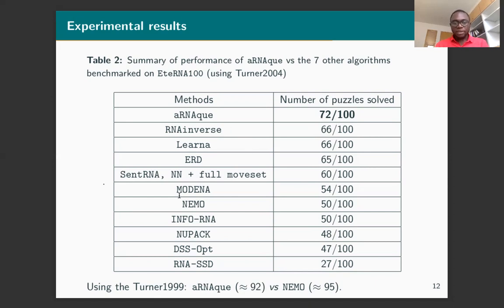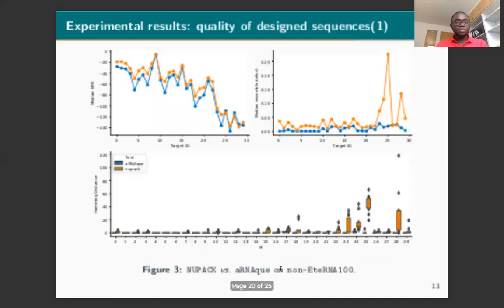Here we benchmark only 4 tools, NEMO, ERD, Learn RNA, and RNA Inverse, because in the earlier paper and benchmark data, they did not benchmark them on the newest energy parameters. But compared to the oldest benchmark on the old energy parameters, aRNAque is placed just behind NEMO, solving 3 structures less than NEMO.